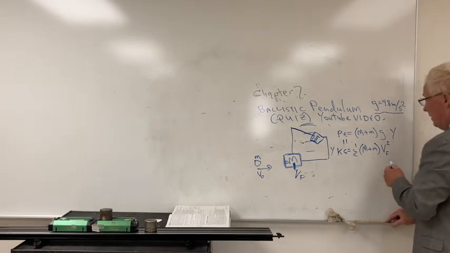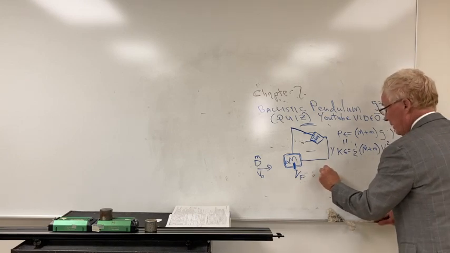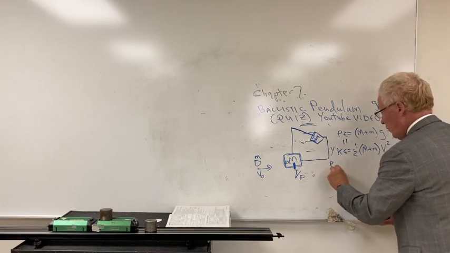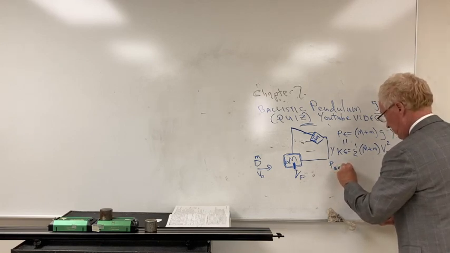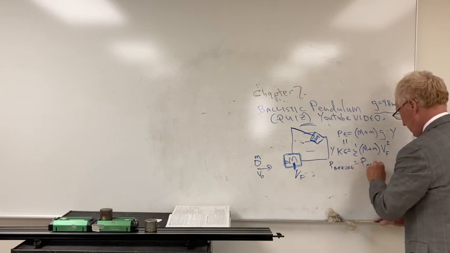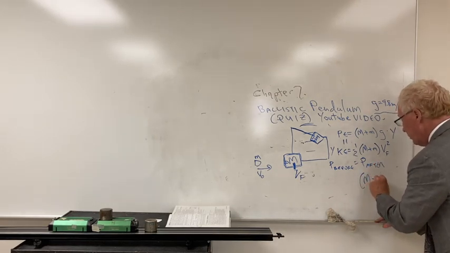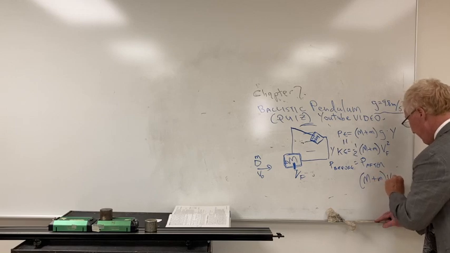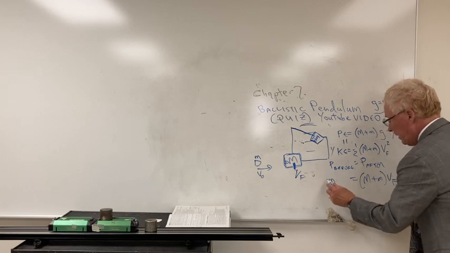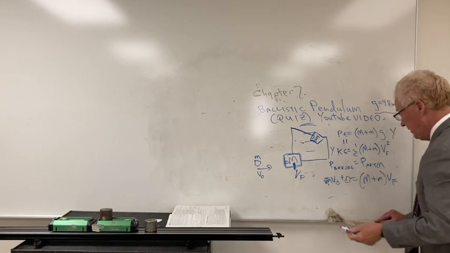From that, you can then solve for the momentum before. So before the collision, P before equals P after, and after will be (M + m) times V final, equals little m times V naught plus 0, because the big mass is not moving at all.